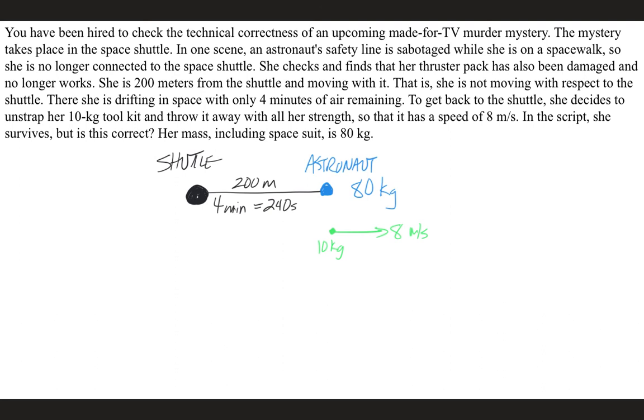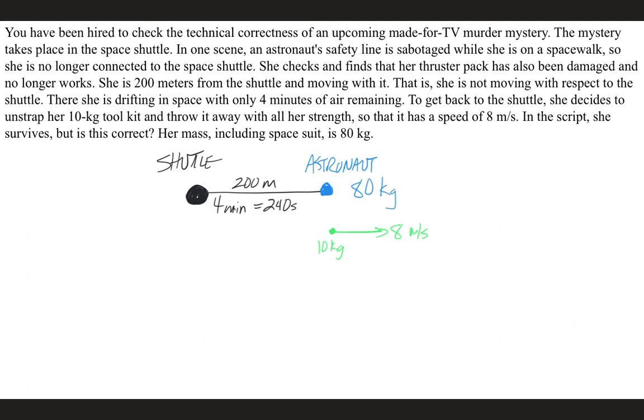And so here, this is simple. The initial momentum of the astronaut is going to be her mass and speed. That has to end up equaling the mass and speed of the thing she throws away, which means I can find that new speed.